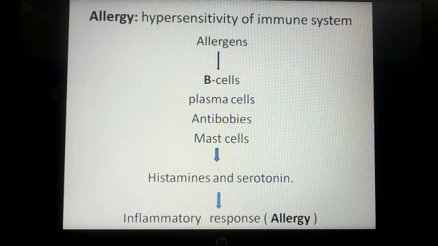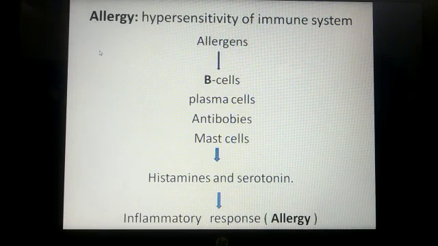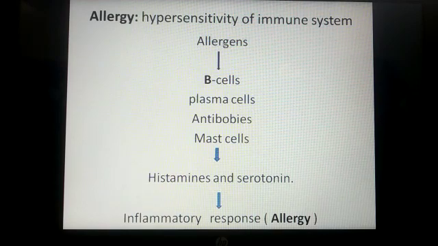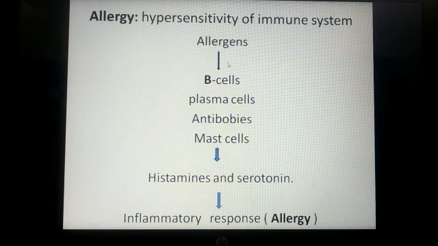Let us know how this allergy is caused. The substances which generate allergy are referred to as allergens. Understand the terminology: allergy, and gen stands for generator. Allergens, the substance which generates allergy.